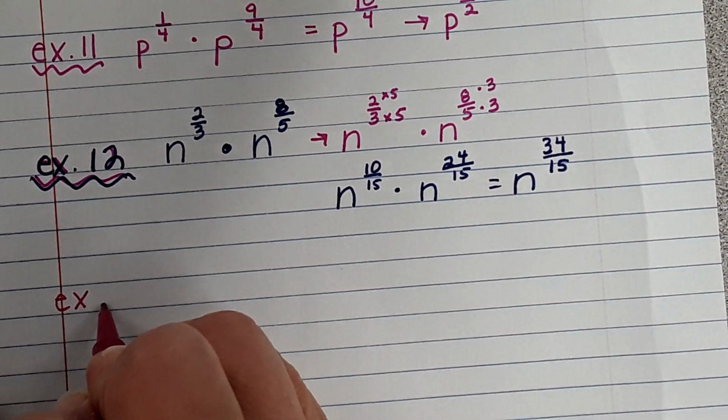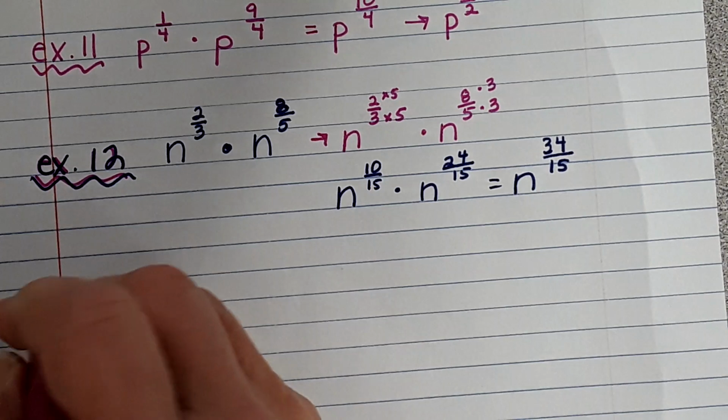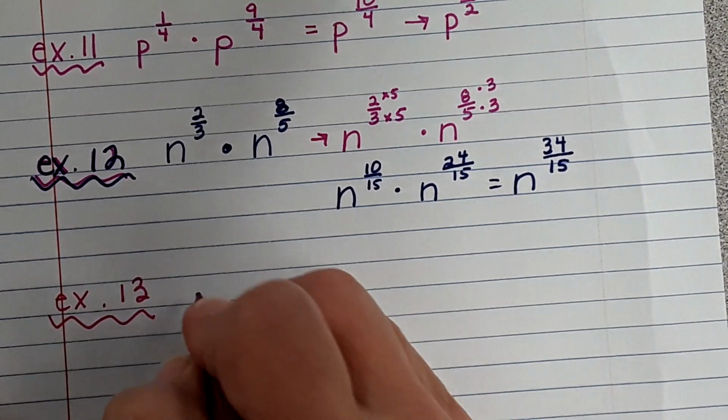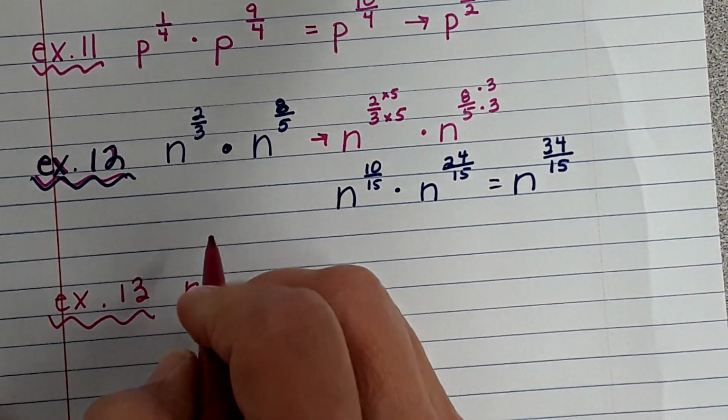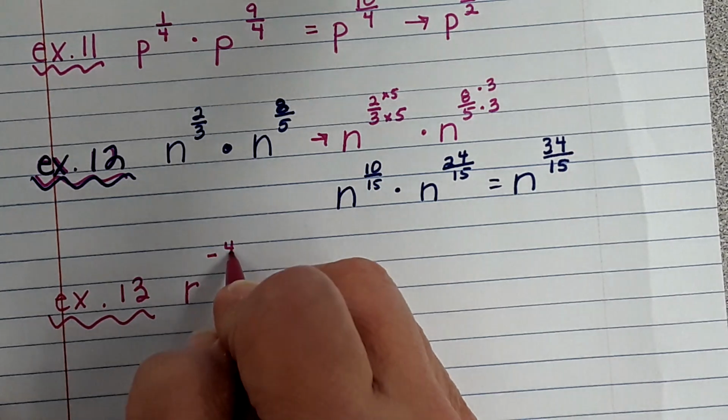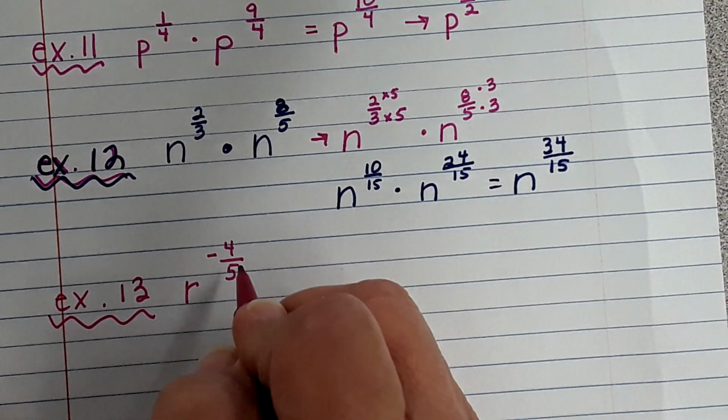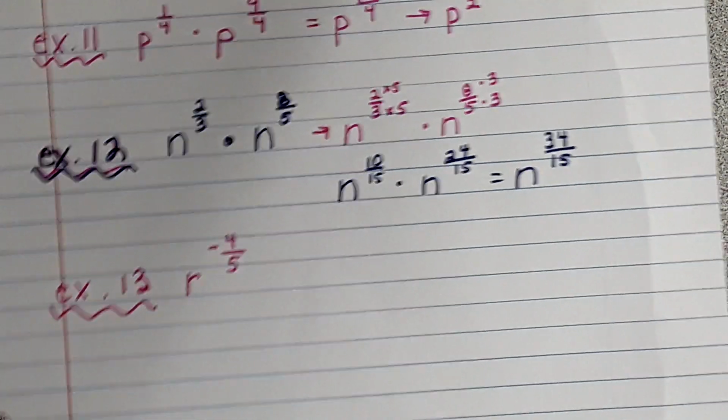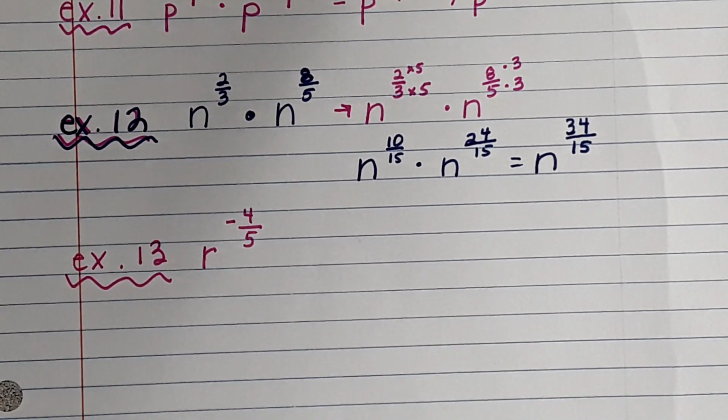Example 13. Okay. So in math, or in Algebra 2, we've talked a lot about what you can't have in the denominator.